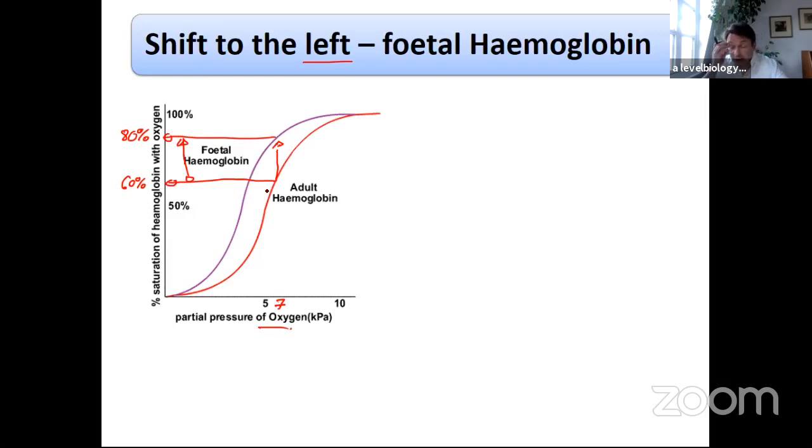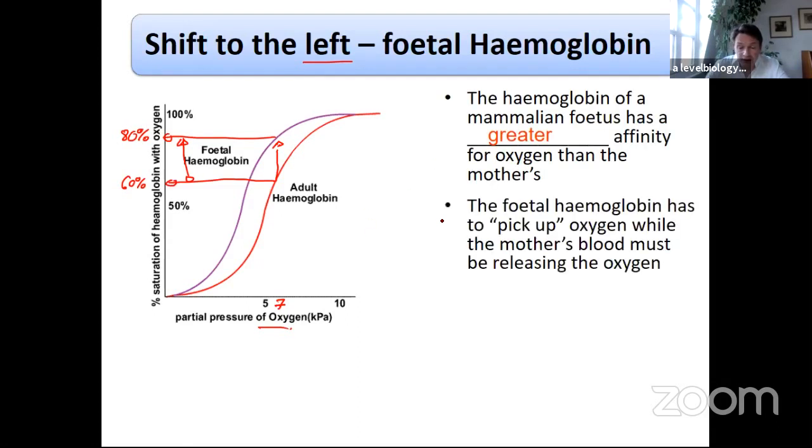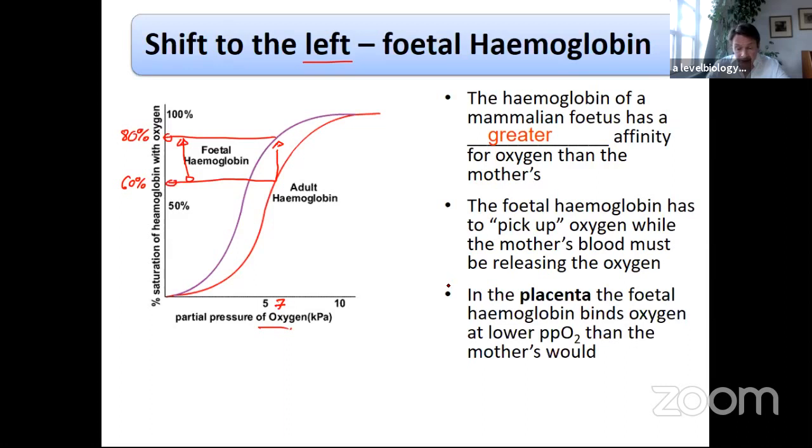Also, fetuses have a lot more hemoglobin in their blood than adults do. So it's got a greater affinity for oxygen. It picks up oxygen, and the mother's blood is releasing the oxygen. And in the placenta, the fetal hemoglobin binds to oxygen at a lower partial pressure than it would do if it had adult hemoglobin.